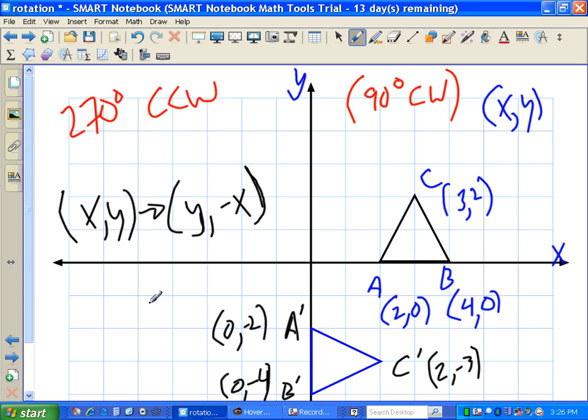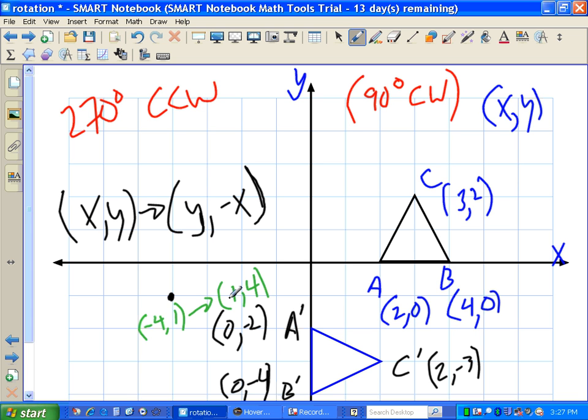So if I had a point over here, sure. If I have a point over here, which we'll do in a different color, let's get some green in here, so we can totally make it crazy. (-4, 1). If I do a 270-degree counterclockwise rotation, according to my rule, my coordinates are going to be the 1 first, and then the 4 last, but it's going to be the other direction.